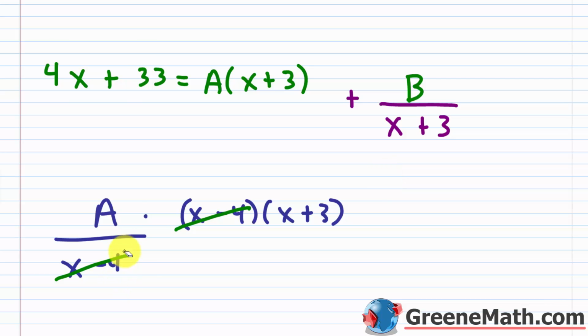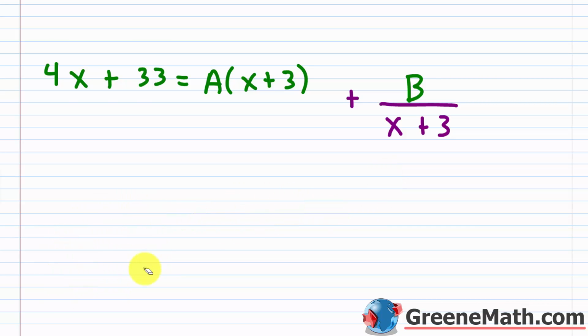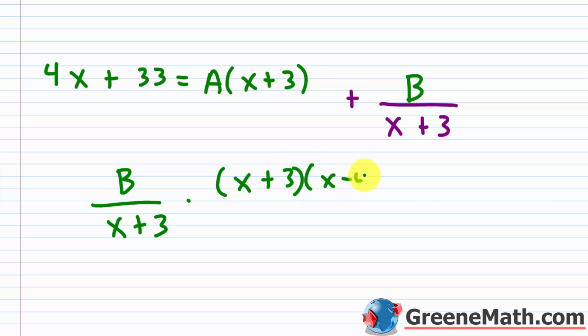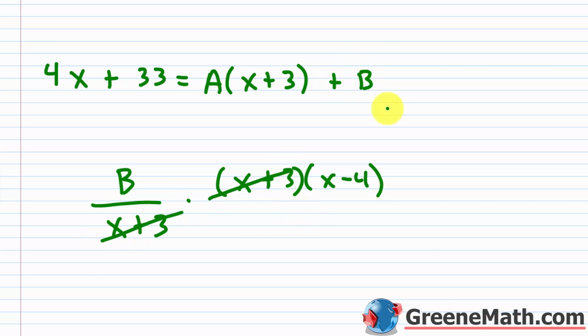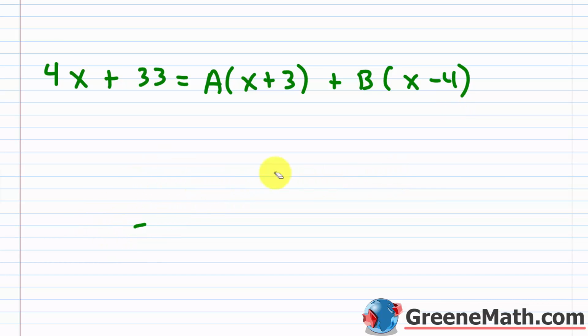And one more to do. So let me erase this, and we'll do this one more time. So we have b over x plus 3 times, again, this quantity x plus 3 times x minus 4. So this is going to get erased, and we'll put plus b times, this cancels with this, you have your quantity x minus 4. Okay, so we've cleared all the denominators.